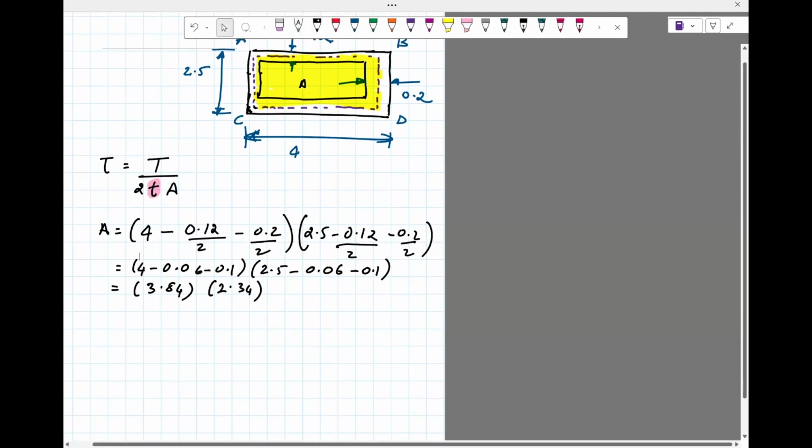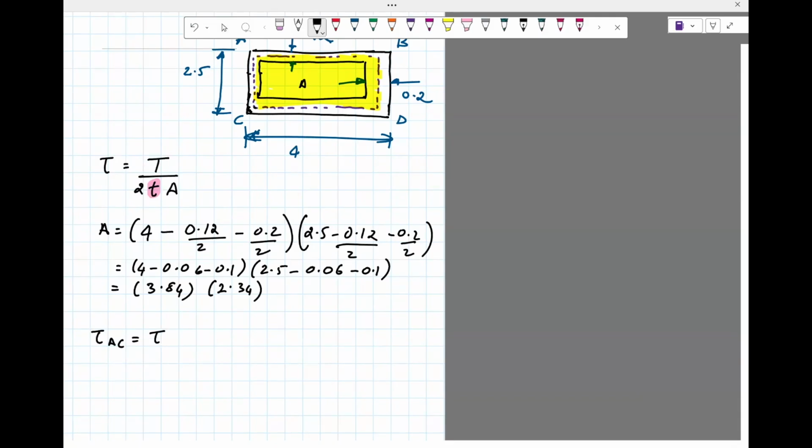So we see that AC and AB have the same thickness. So tau AC equals tau AB.